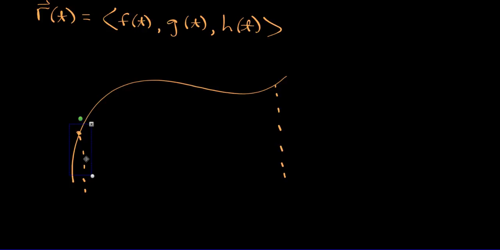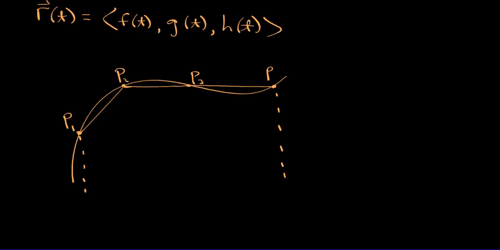Now, we've got to figure out how to do that. What I might do is divide up the curve into some parts, increments. So maybe I'll call this point 1 on that curve, and this point 2, and then over here point 3, and then point 4 over here.